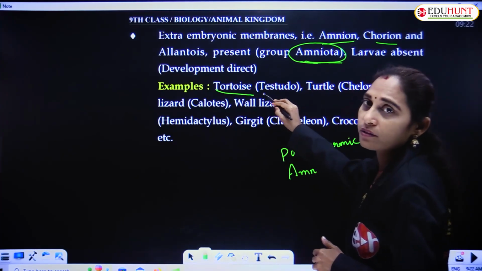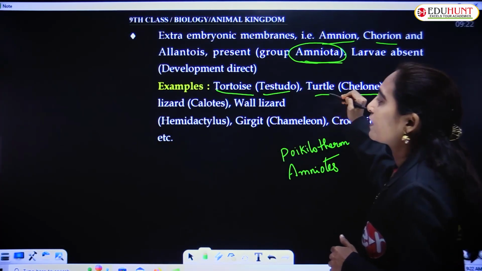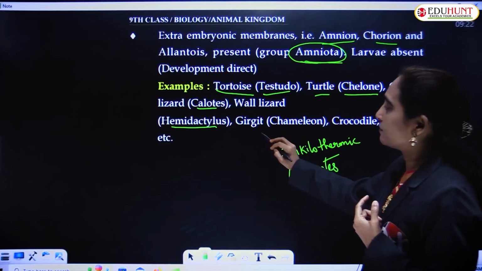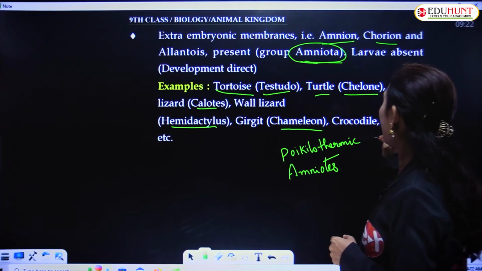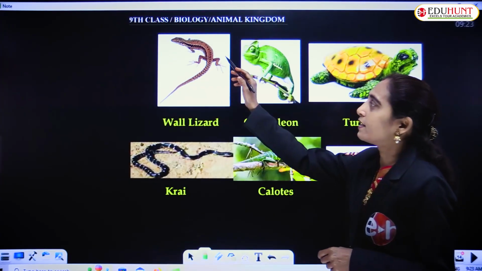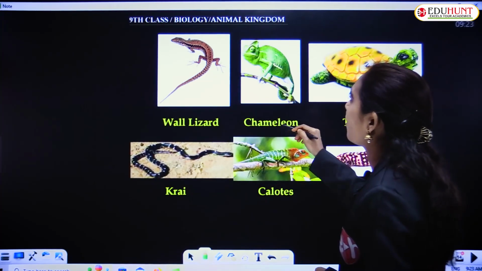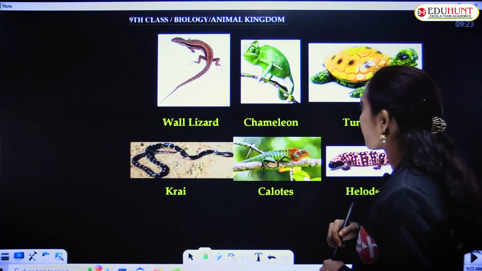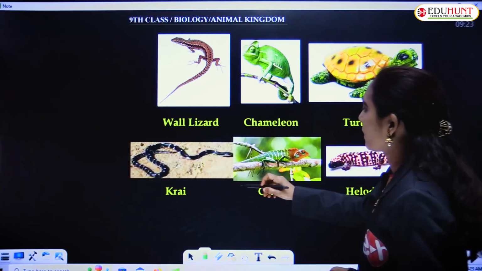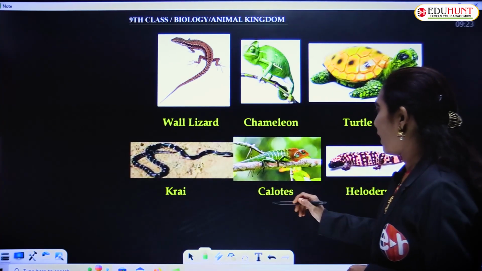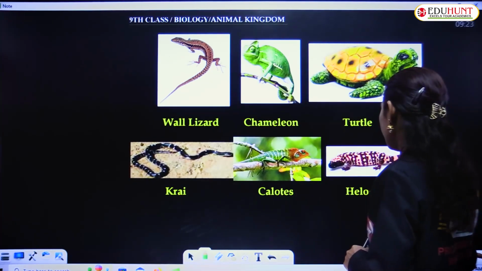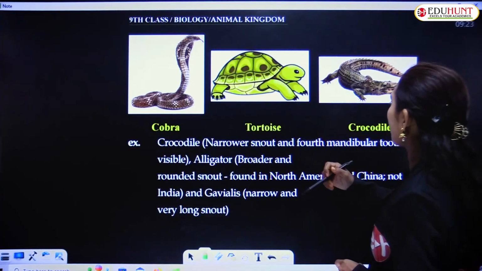Examples are tortoise, Testudo, turtle, Chelone, garden lizard, Calotes, wall lizard, Hemidactylus, chameleon, crocodile, alligator, etc. These are the examples: wall lizard, Hemidactylus, chameleon, turtle, Calotes, garden lizards, and Heloderma, cobra, tortoise, crocodile.